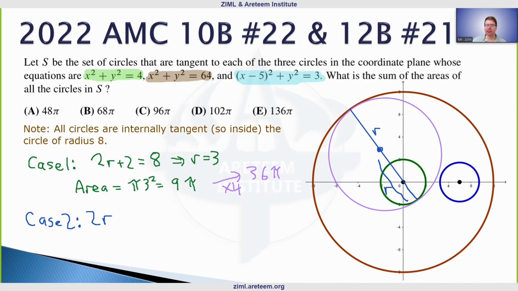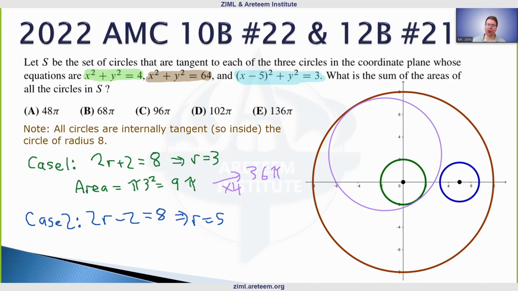But then we need to subtract 2 in this case. So now we would have 2r minus 2 is still equal to that radius of the brown circle, which is 8. And then, not surprisingly because we can see the picture, we have a larger circle of radius 5.